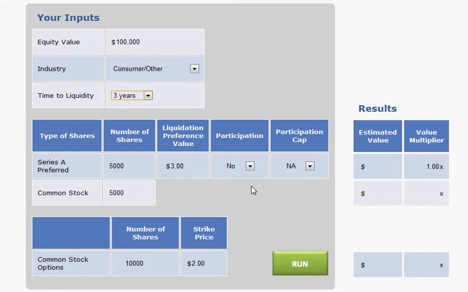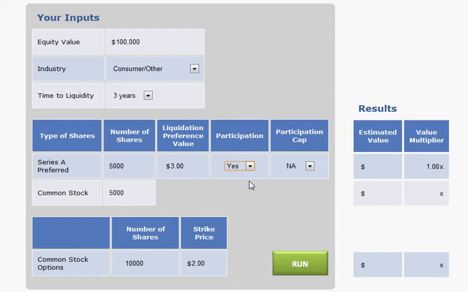And so the participation feature, what it allows to do, and so let's switch it to yes here, participation feature allows preferred shareholders to claim their liquidation preference, so claim their $3, and then come back and participate in the pro rata distribution of the proceeds that remain after they've been paid those $3.